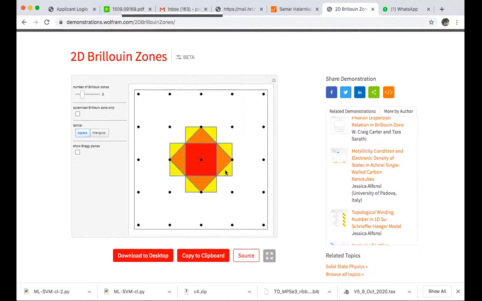Those are the Bragg planes. With that construction, I'll show you that I'll have a set of points which are closest to the origin, closer to this point than any other reciprocal lattice point. And that is shown by this red area here.